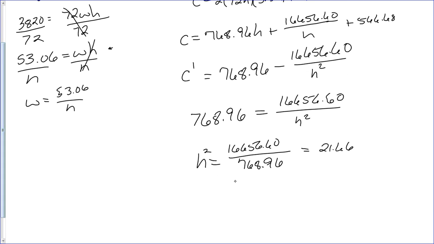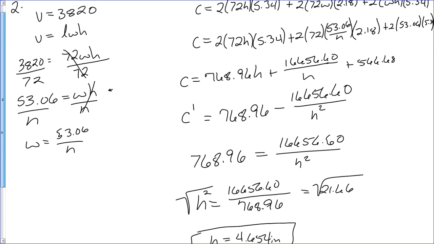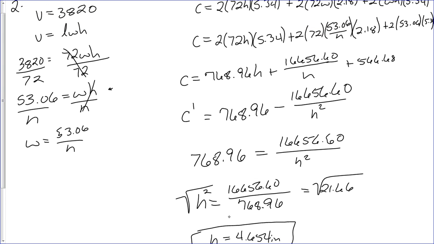So H squared is 21.66. Take the square root of both sides to get your height as 4.654 inches. So now we know the length it has to be and the height it has to be. So now all we need to do is plug this into the volume equation and we can find the width it needs to be.